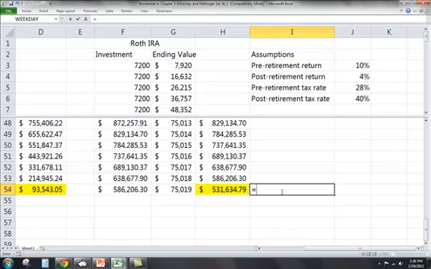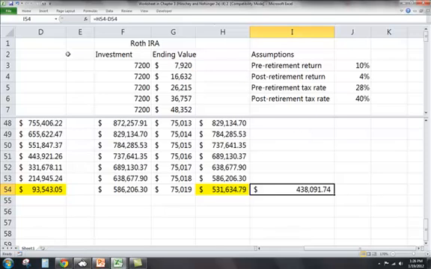So what I'm going to do is calculate the difference between these two cells. So the tax rate that makes this difference equal to 0 would mean that you're indifferent between a Roth versus a traditional IRA.